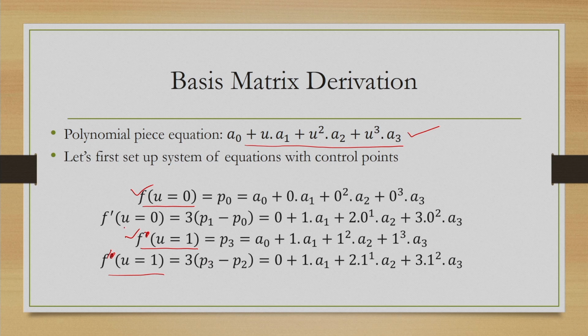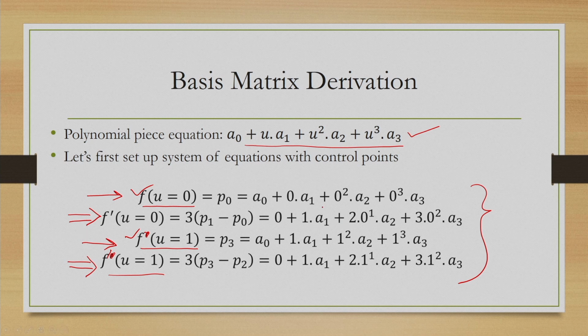So, then what we get is this system of equations. So, this is the boundary value at u equal to 0, the boundary value at u equal to 1. This is the first order derivative at u equal to 1 and the first order derivative at u equal to 0.